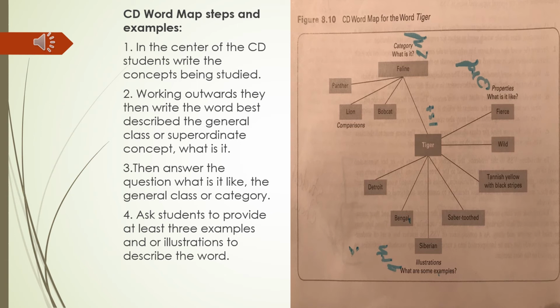Then answer the question, what is it like? The third step in this example is fierce, wild. Fourth, ask students to provide at least 3 examples or illustrations to describe the word. Tannish yellow with black stripes was the example given for the fourth step.